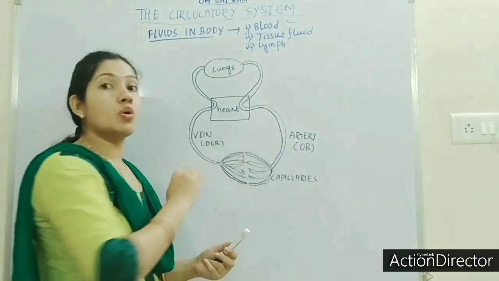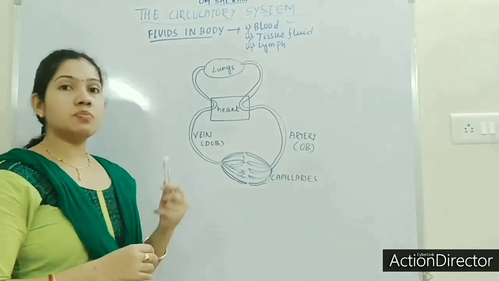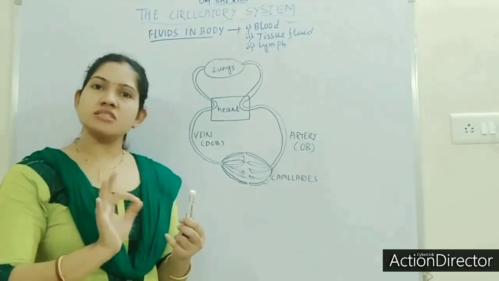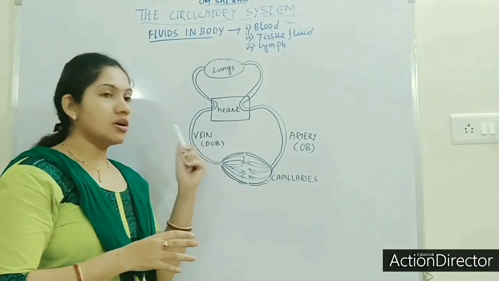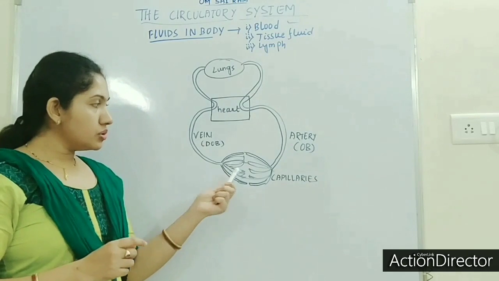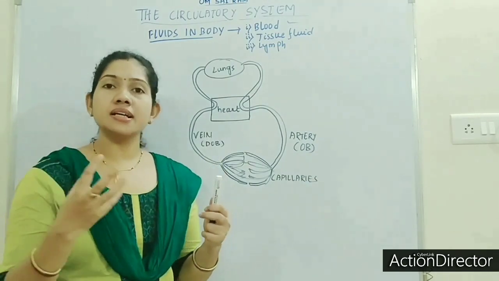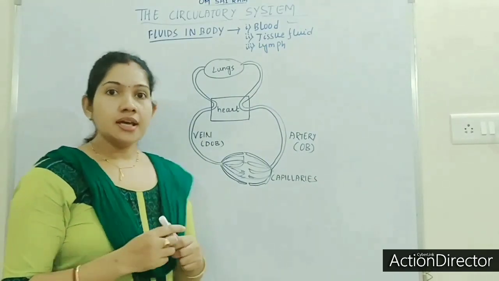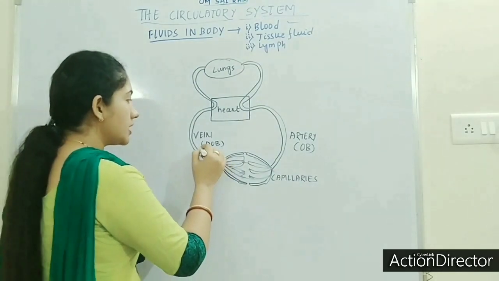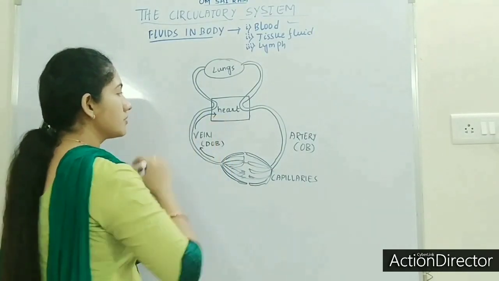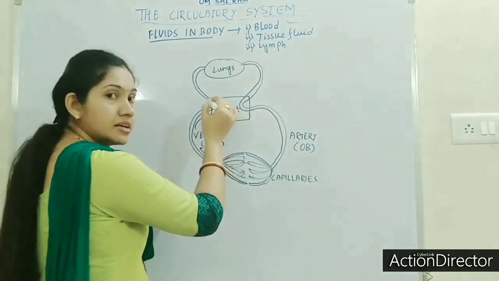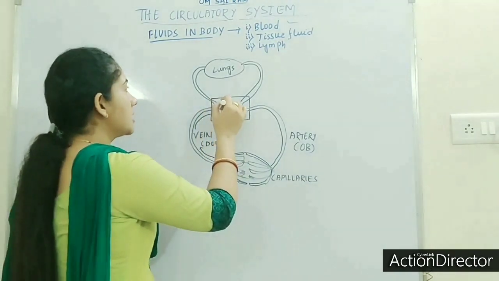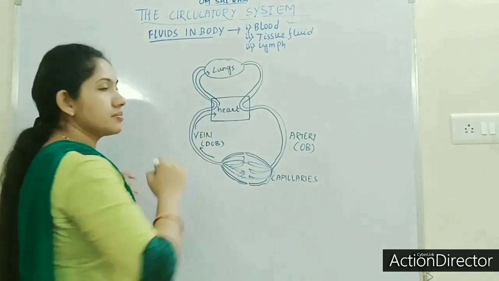This blood contains more oxygen, but this blood contains very little oxygen, rather it contains more waste material. That's why we call it deoxygenated blood. So all the waste material collected from our body is transported by vein to the heart. Then the heart will send this deoxygenated blood to the lungs.